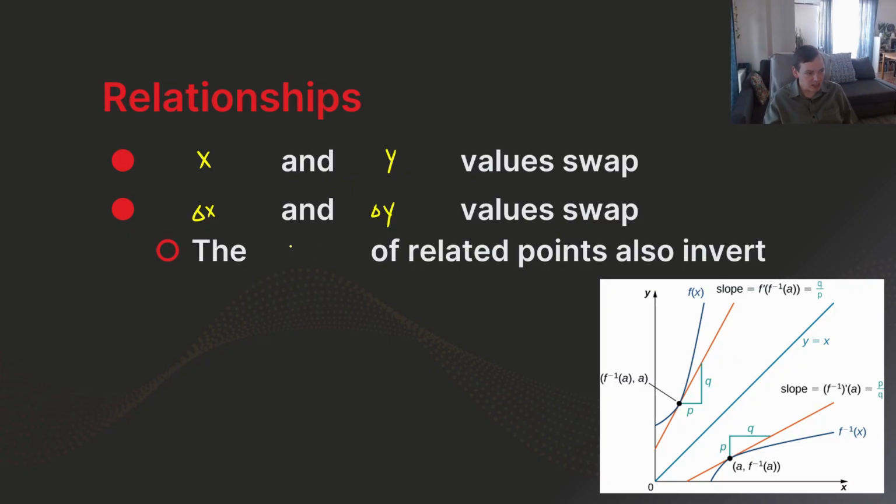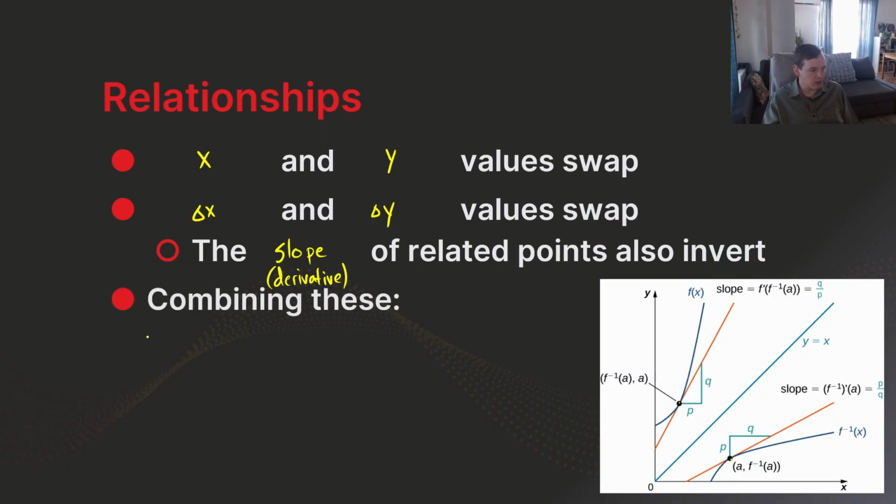So this means that, as I had said before, the slope, or in other words, the derivative, of those two corresponding or related points also invert. The p over q becomes q over p. So again, if I have corresponding points, the slopes of those invert, or they flip.